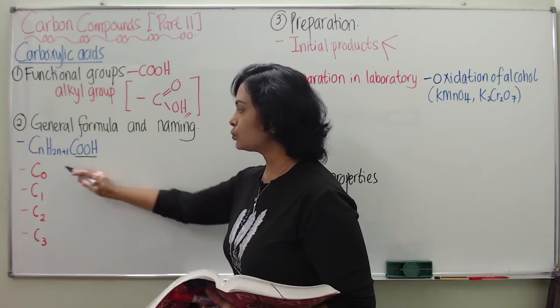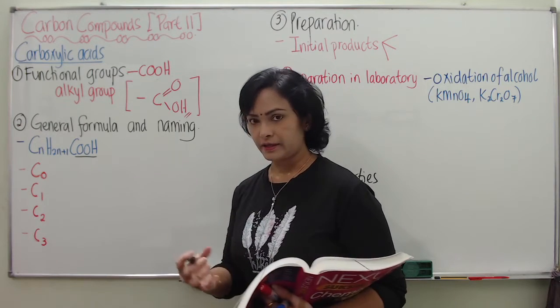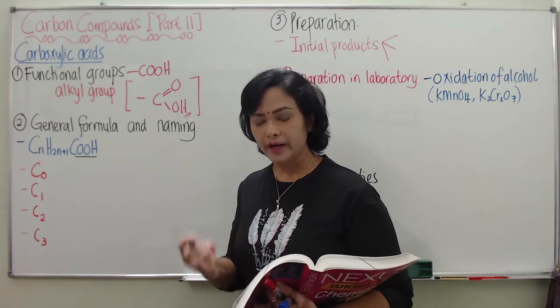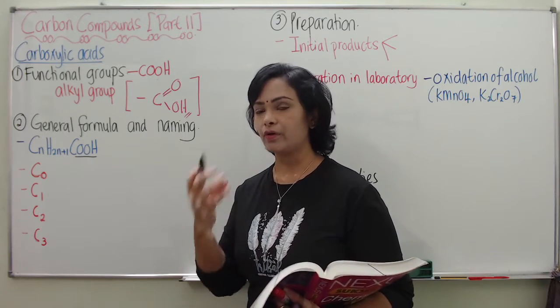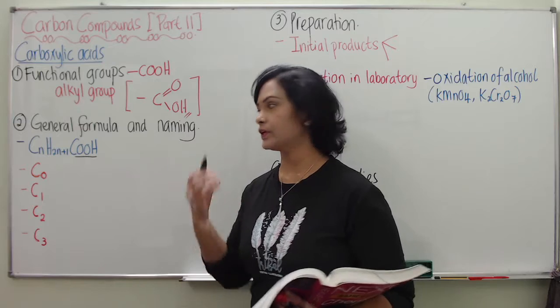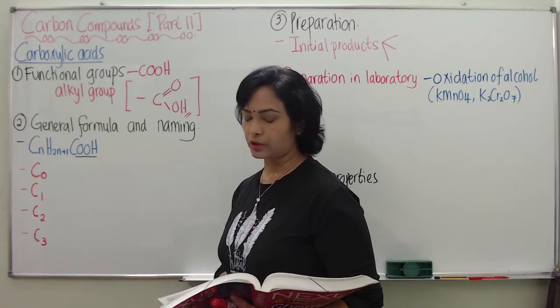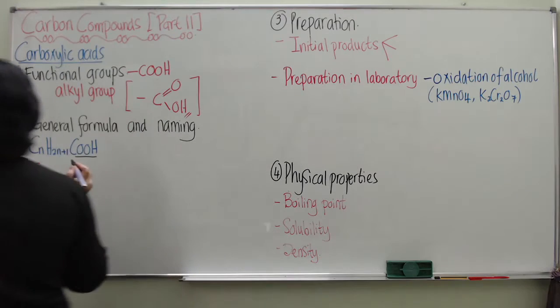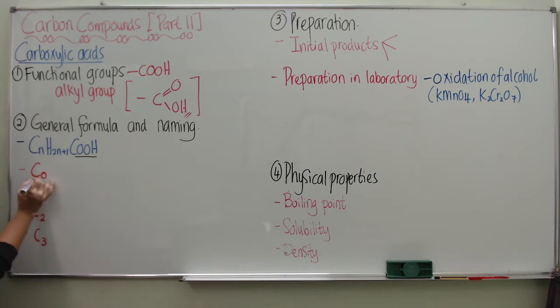Now let's go to how to write and draw the structural formula and write the molecular formula of the carboxylic acid group. You will be surprised to find the first member of carboxylic acid starts from C0. Why C0?